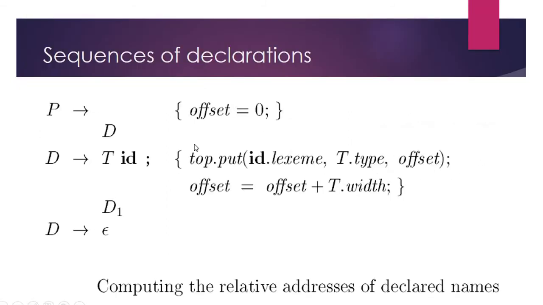So next we'll move on to the sequences of declarations. If you have sequences of declarations, like in your program segment, if you have a declarative statement and consecutive declarative statements, how will it happen? That's what we are going to discuss here.